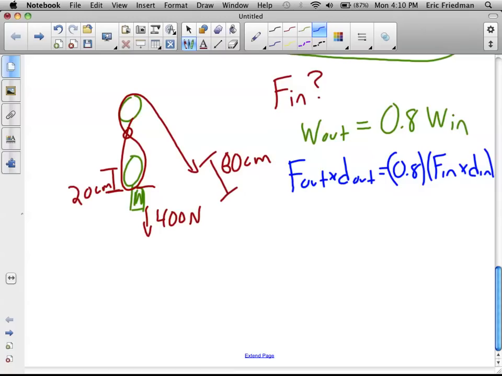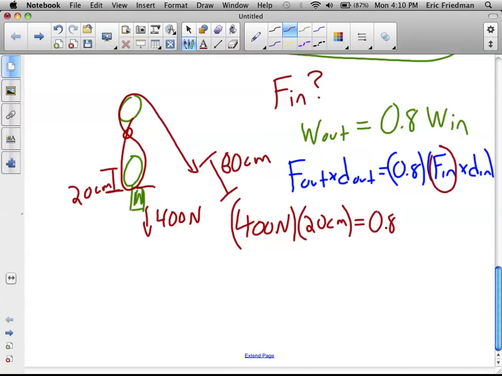Okay, so let's just start plugging in numbers then, and we'll figure out, once again, we're looking for what's the force in. That's the thing we don't know. We know the force out is 400 newtons. The distance out is 20 centimeters, equals 0.8. The force in is what we don't know, F in, and the distance in is 80 centimeters.